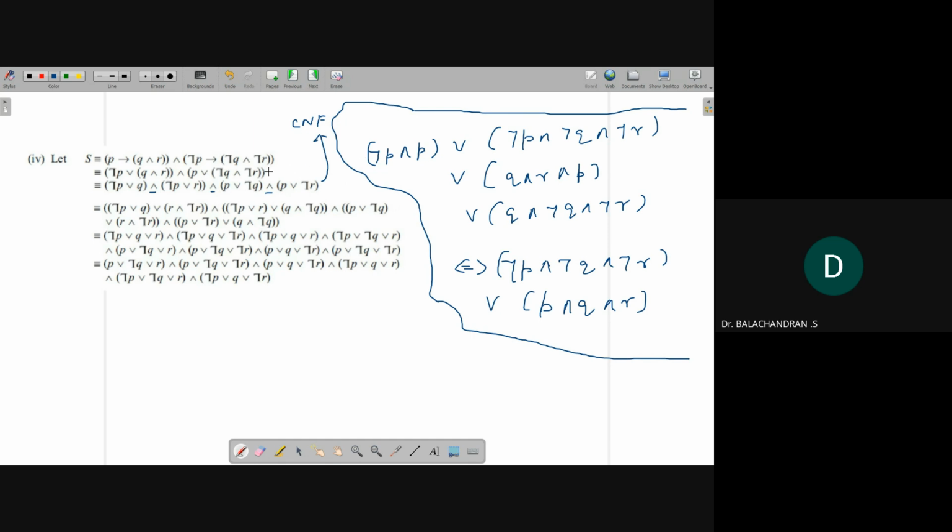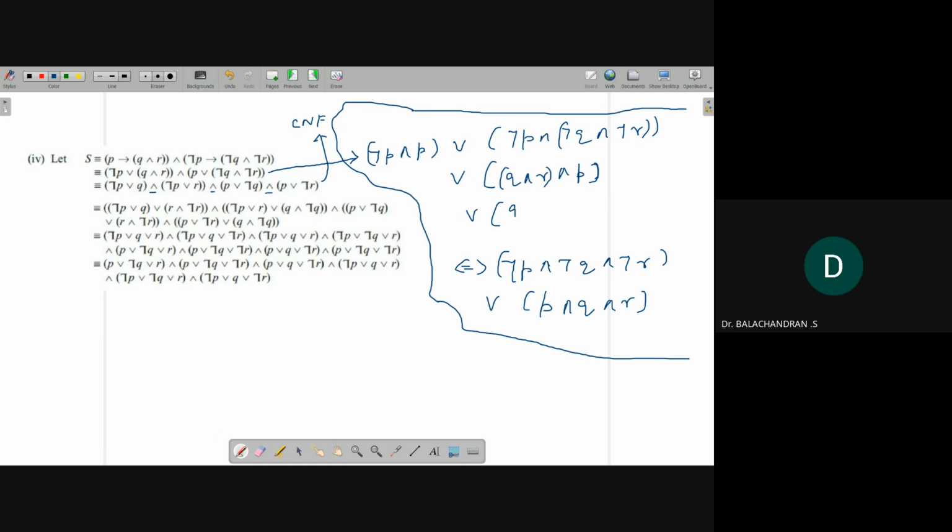From this, if you apply extended distributive law, you will get negation P and P or negation P and negation Q and negation Q and negation R, you can put brackets also, and then Q and R or Q and R and P. I think I made a mistake here. This is correct.